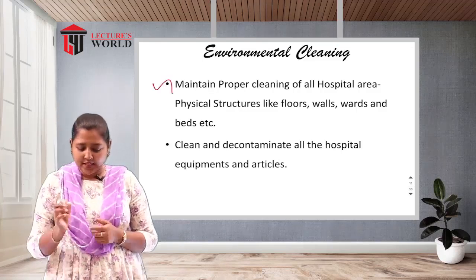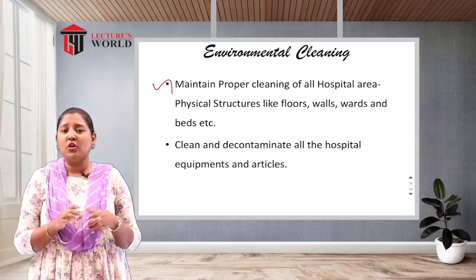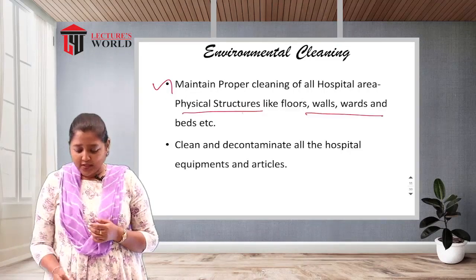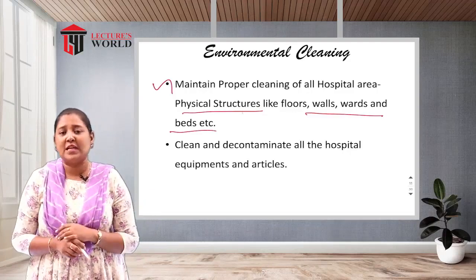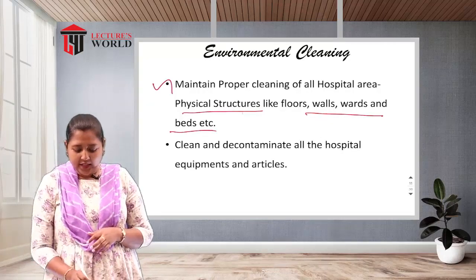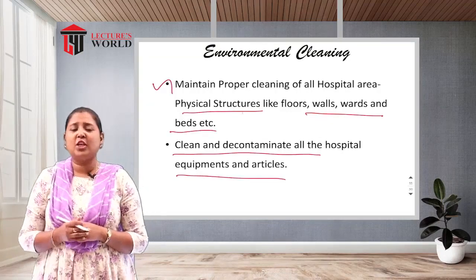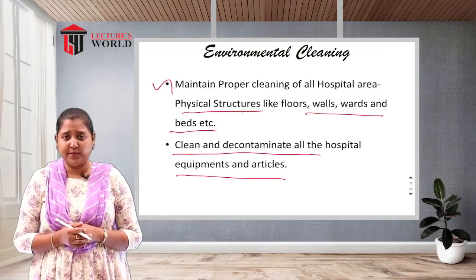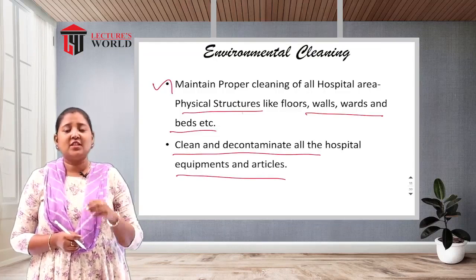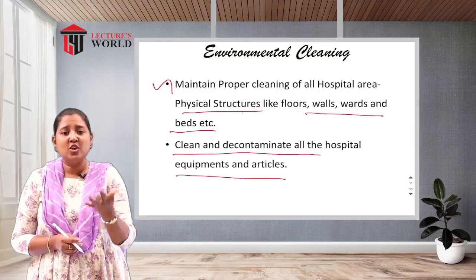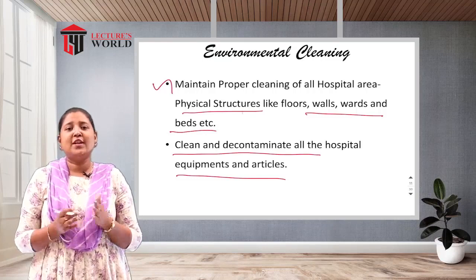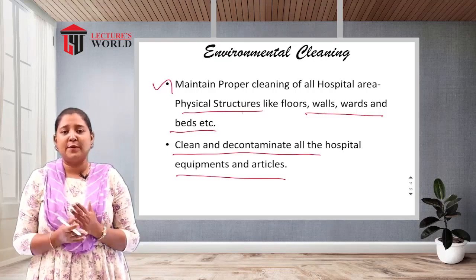So proper maintenance and proper cleaning of all hospital areas like physical structures, floors, walls, all the beds and wards has to be done, laundry must be sent properly, and all equipment and articles used in the hospital must be cleaned and decontaminated. So after using one artery clamp for a patient, clean it, decontaminate it, and then use it for the other patient. That's how you can prevent the spread of infection from one person to another.